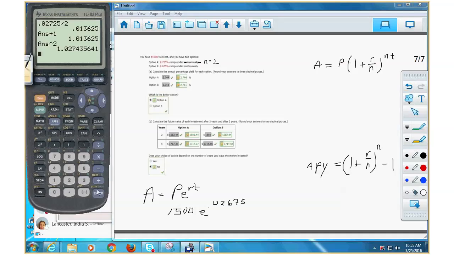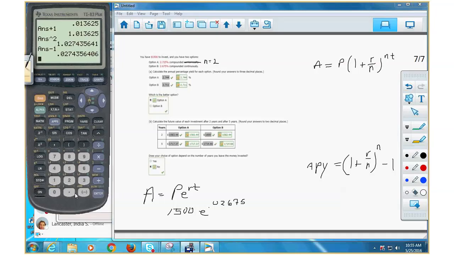And then subtract 1 from that. So you got a 2.7% there. So write that down. Oh, there it is right there, 2.745. Oh, 2.744.